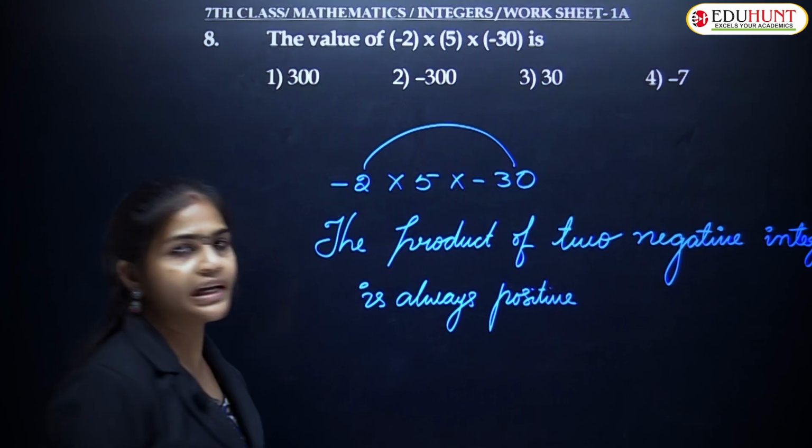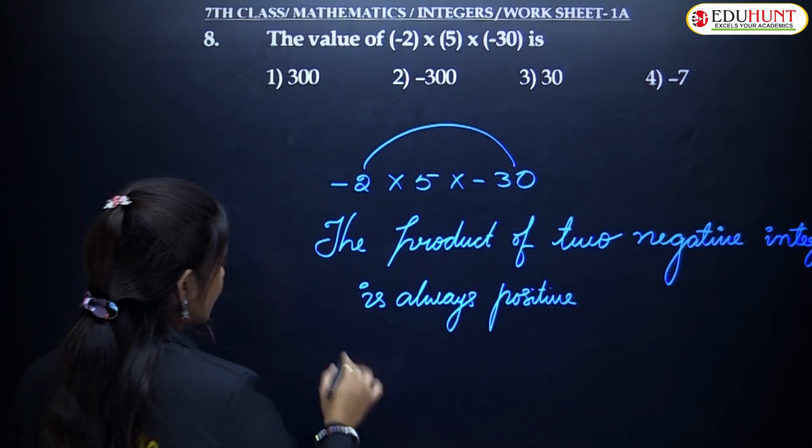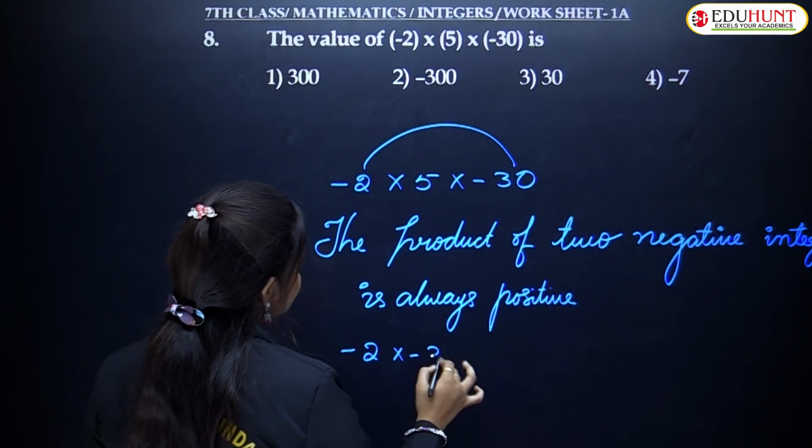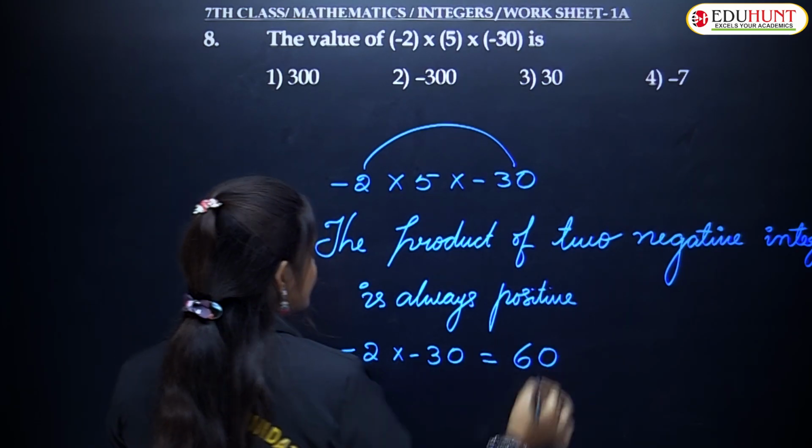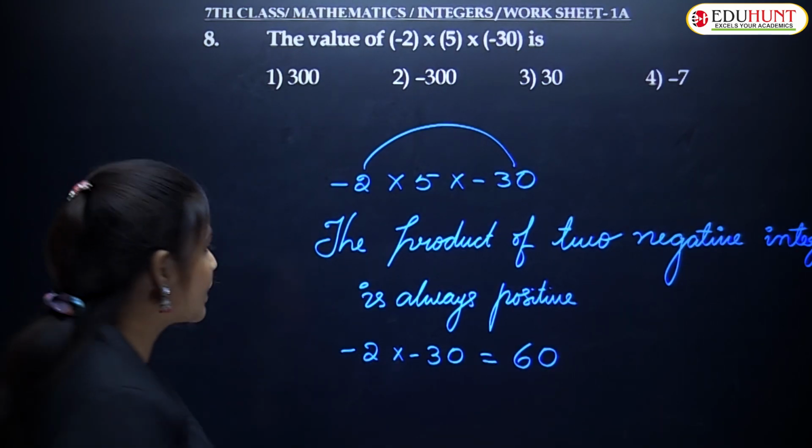So minus 2 into minus 30 equals minus into minus is plus, 2 threes are 6, so 60.